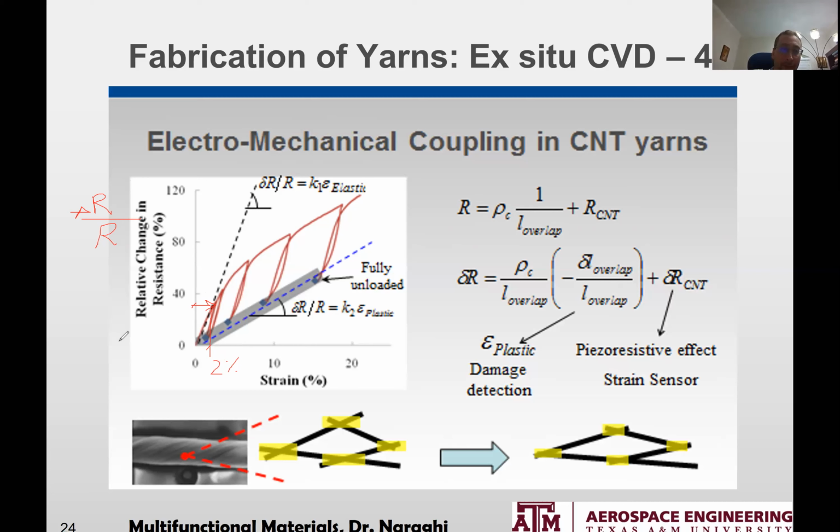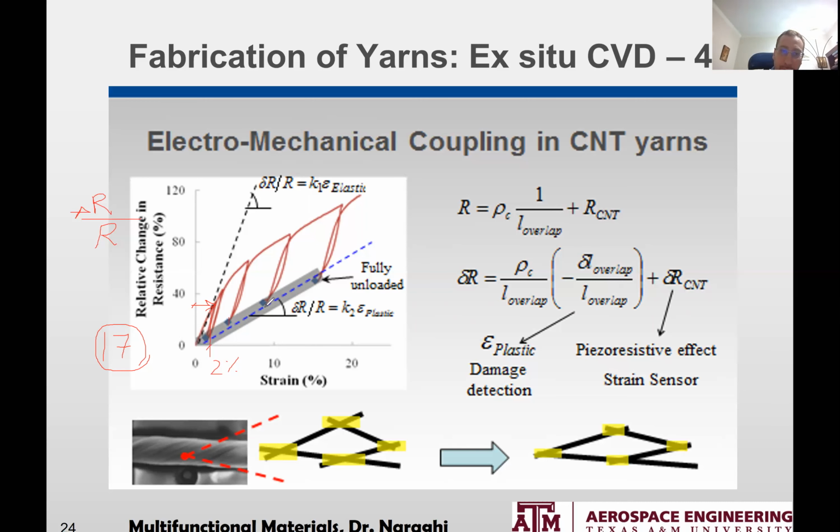So that means a gauge factor of 17. Keep in mind 1 plus 2 nu was less than 2, and the rest of it is the piezoresistivity. So these yarns clearly qualify as piezoresistive materials.